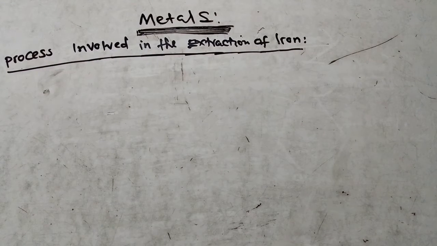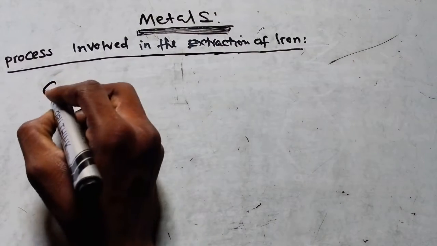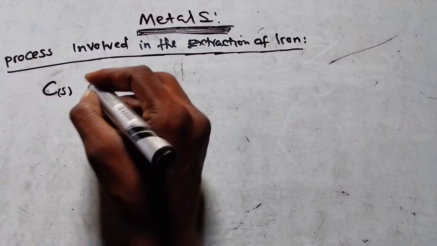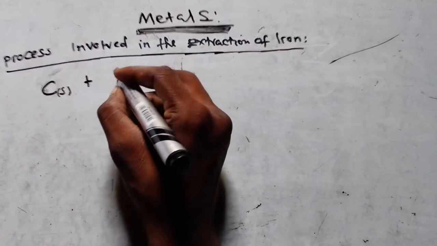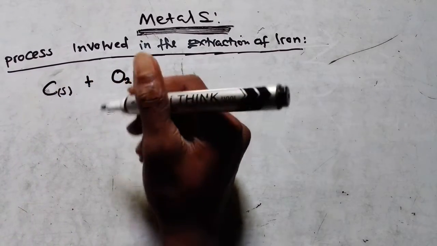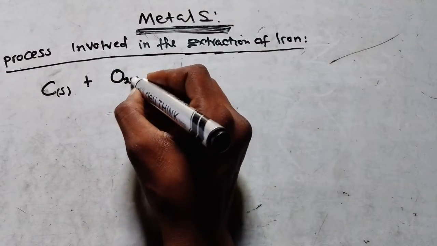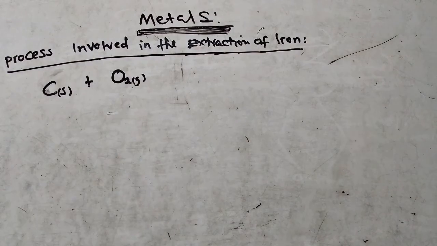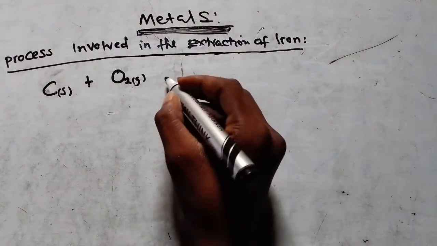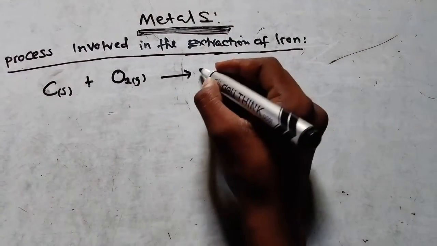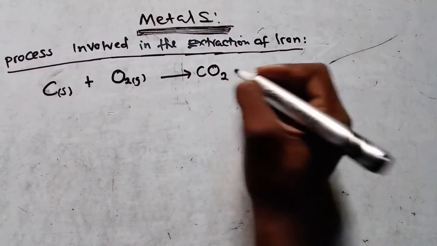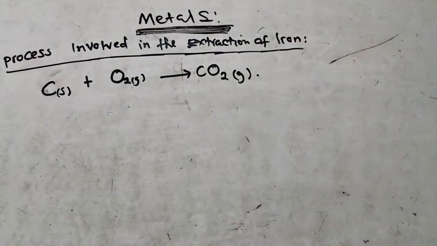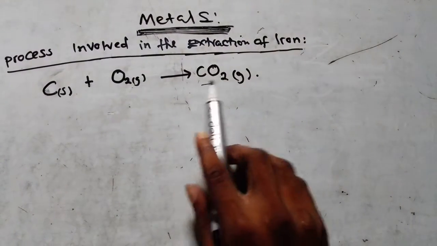So when carbon, which is in solid state, reacts with oxygen gas, they always form carbon dioxide, and this carbon dioxide is in gaseous form.